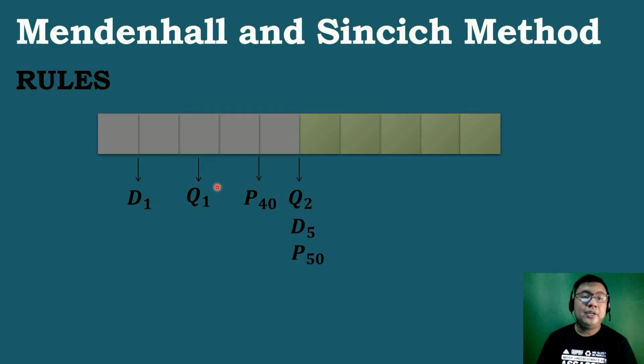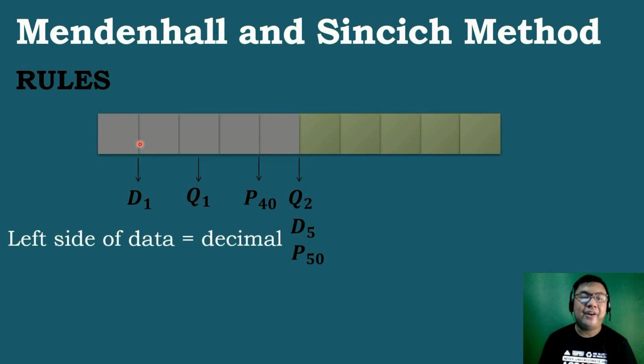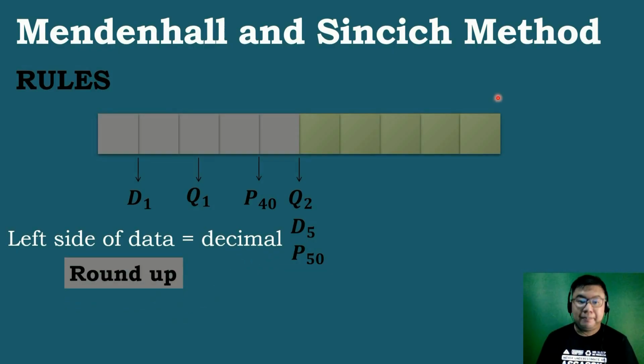If we are looking for the measures of position which is less than 50%, and those scores are located at the left side of the data, if the value of the position that we have computed has a decimal in it, we will round up the number.